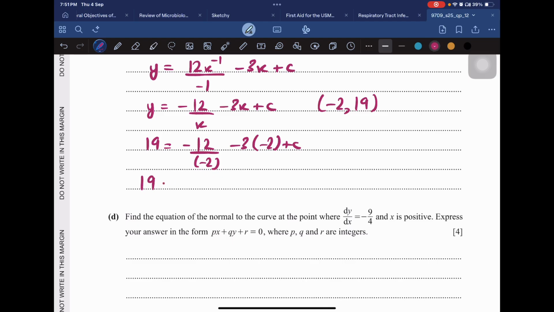Shift that to the left, it becomes negative 6. This would also become positive 6. Shifted to the left, it becomes negative 6 equals c. So c will be equal to 19 minus 6 minus 6. So 19 minus 12, which is 7. That means y equals negative 12 upon x minus 3x plus 7.